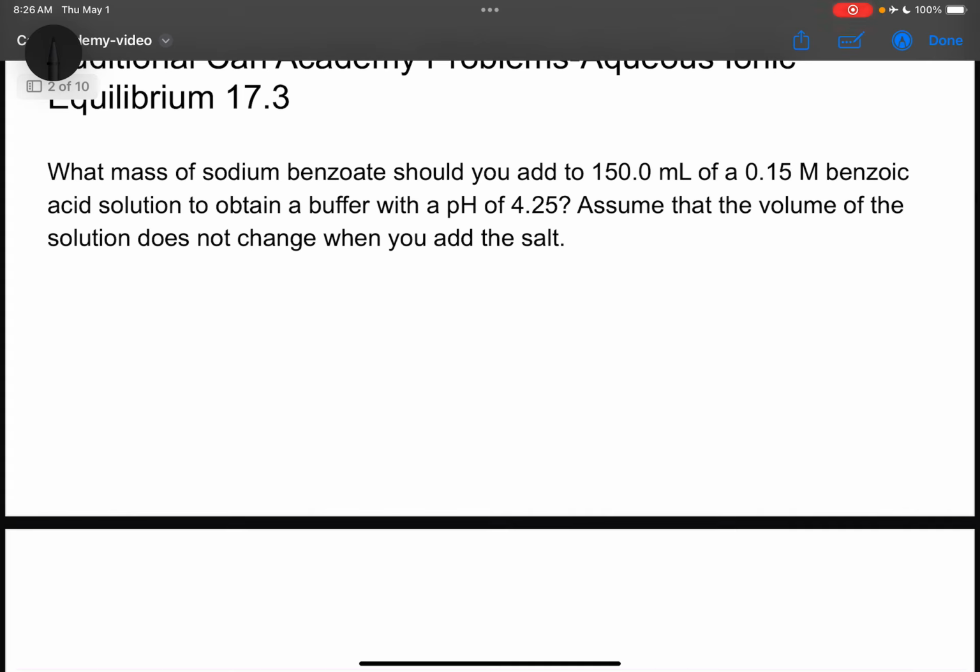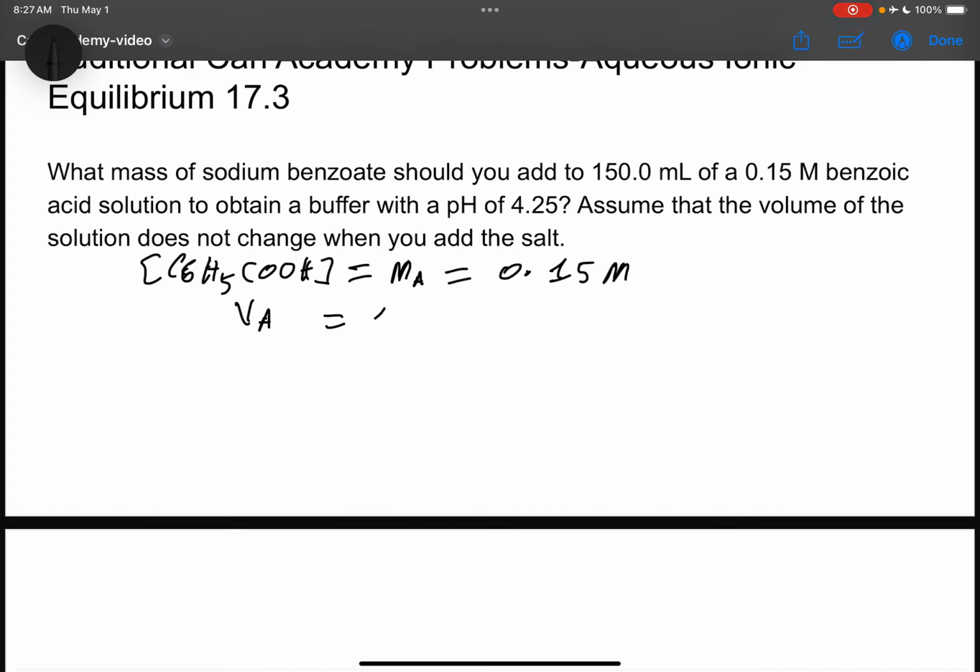We are given the concentration of benzoic acid, which is the same thing as Ma, which is equal to 0.15 molar. We're also given the volume of the benzoic acid, Va, which is equal to 150 milliliter, which is equal to 0.1500 liter.